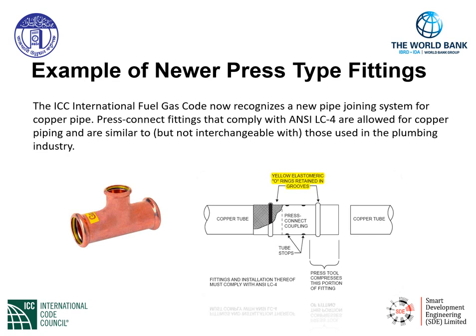As you see here, the yellow elastomeric O-rings that are integrated and manufactured into the fitting provide the seal from the fitting to the copper tubing. The proprietary compression tool that is used to compress the fitting to the pipe actually provides a force that crimps the fitting onto the pipe.